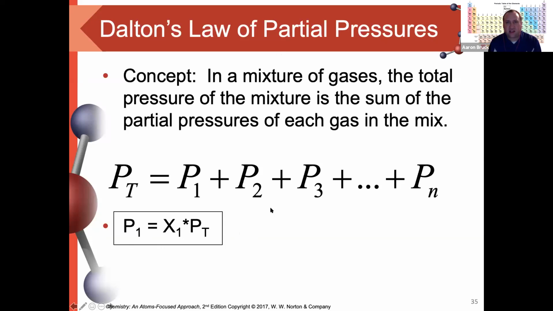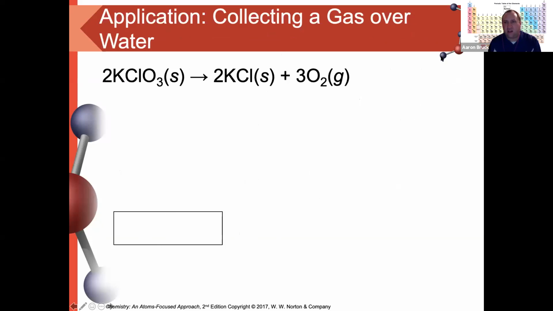Now, this does have some utility for us in certain kinds of chemical reactions. Anytime we do a chemical reaction where we are collecting gas over water, this is a common attribute. One of the most common reactions done in this manner is the decomposition of chlorates.